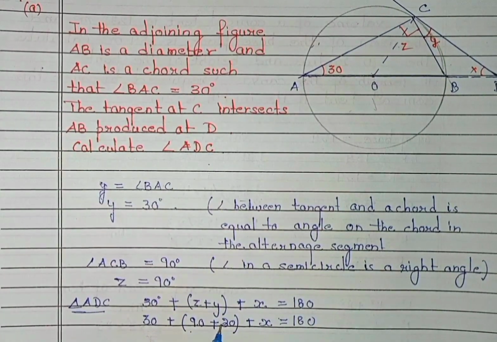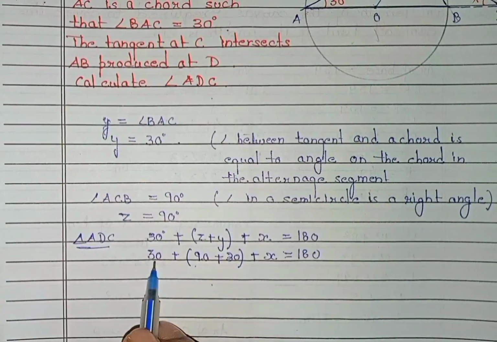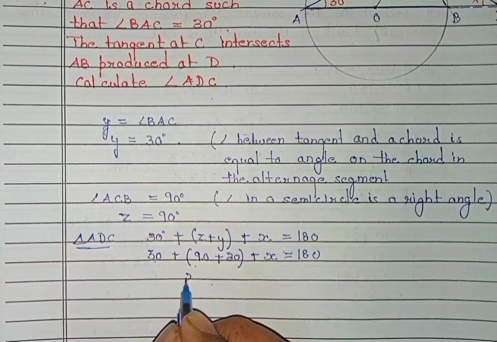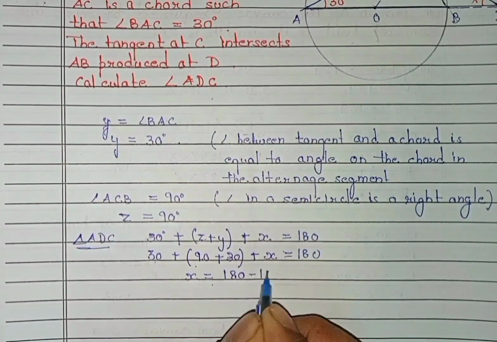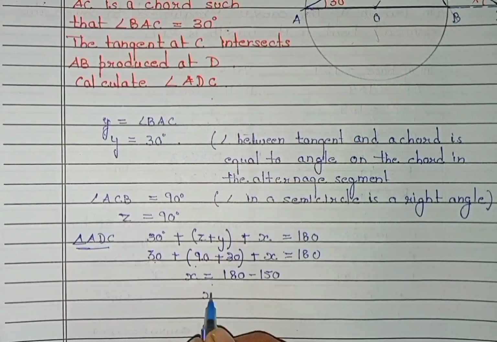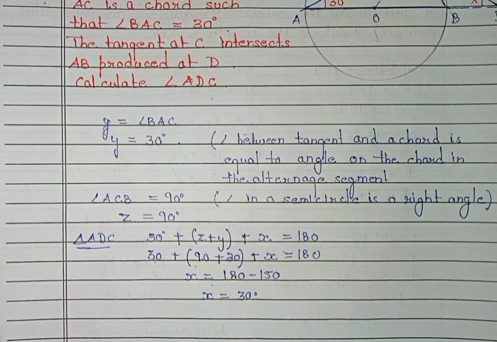90 plus 30, this will give you 120. 120 plus 30, 150. So X is equal to 180 minus 150. So we are getting X as 30 degree. And which angle was considered as X?